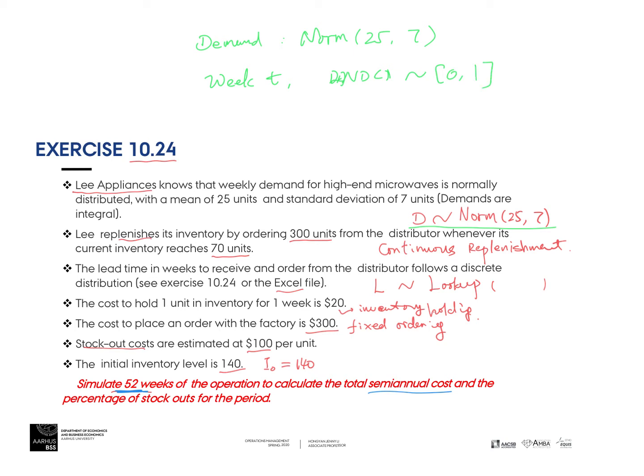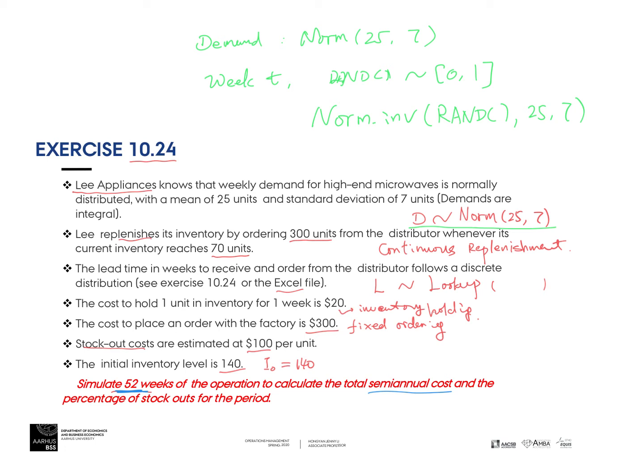And then if you use a normal inverse function in Excel, you can directly call this random number in your distribution. Then you find a corresponding X or demand value based on your mean and standard deviation. So the normal inverse function will generate a value based on the normal distribution.